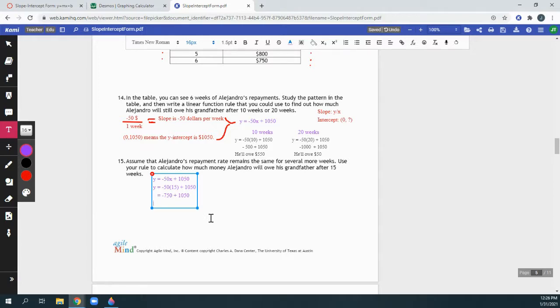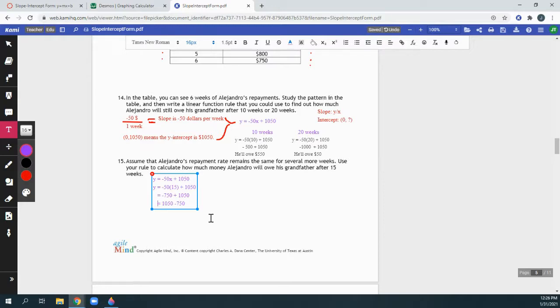If I have a negative in front of something, that negative stays with the number. We have negative 750. So that means, if this helps you, you could rewrite it as 1050 minus 750. I'm just putting them together in the other order because they're just being added. Plus one of them happens to be negative, so it ends up that they're being subtracted.